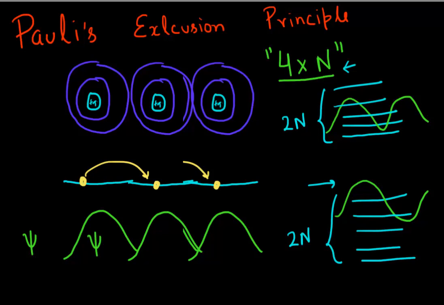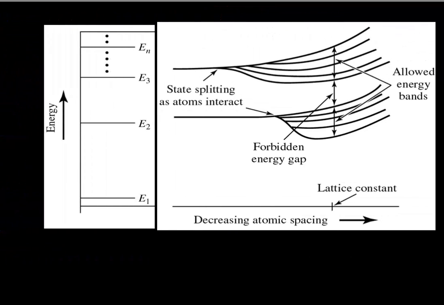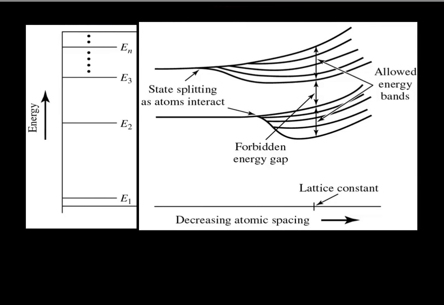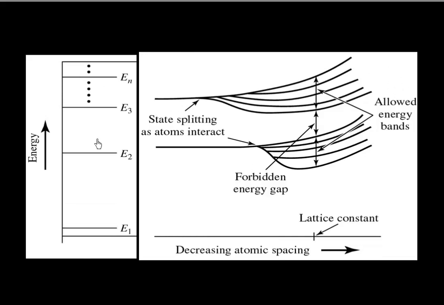So let's explore it further, and this is explored further in this chart over here. If I have just one individual atom, I have this picture where I have these discrete states. But when I start to get multiple of these atoms close together and arranged in a lattice, what I see is that as I bring them closer and closer to each other, these states start splitting up into multiple states.